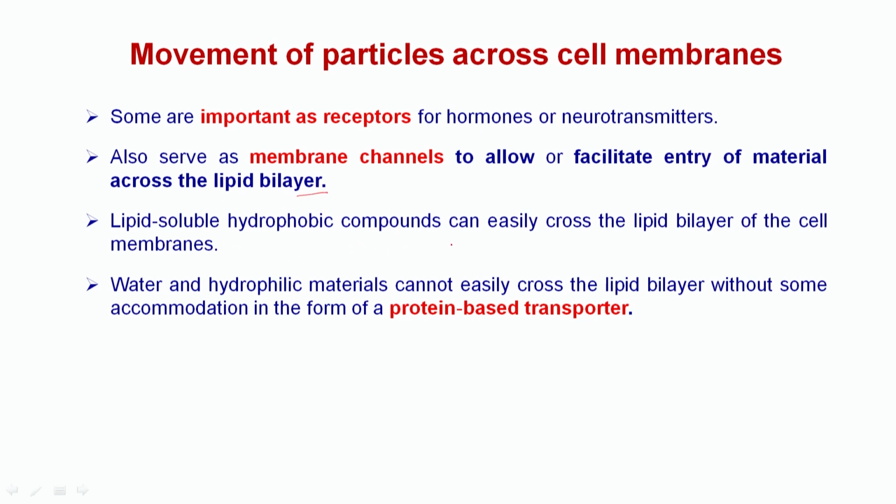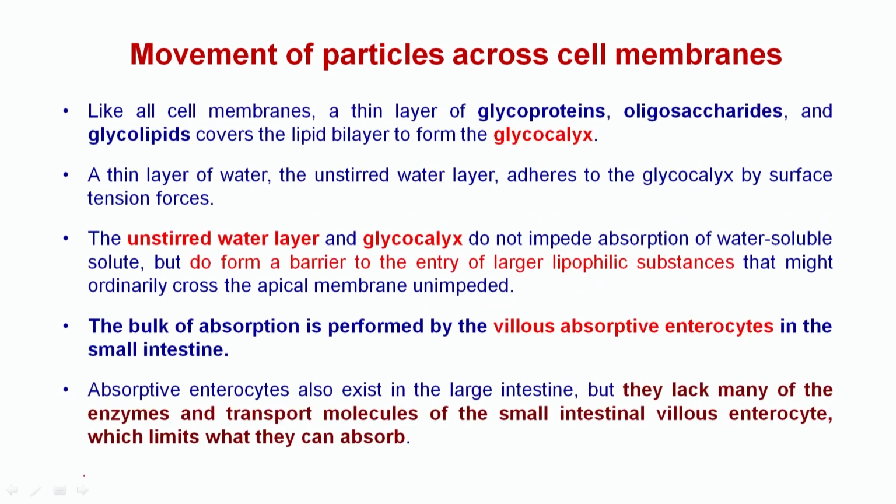Lipid-soluble hydrophobic compounds can easily cross the lipid bilayer of the cell membrane. Water and hydrophilic material cannot easily pass the lipid bilayer without some accommodation in the form of protein-based transport. Like all the cell membranes, a thin layer of glycoproteins, oligosaccharides and glycolipids cover the lipid bilayer to form the glycocalyx.